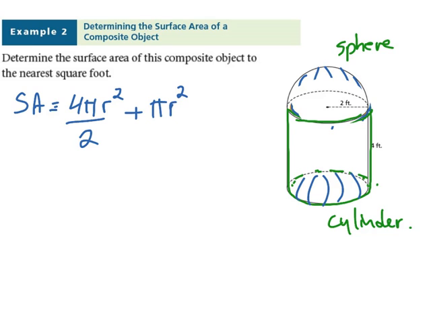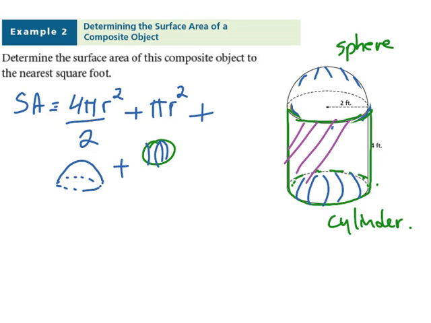That is the circle of this cylinder. And I'm just going to draw this nice little half hemisphere. What's left is the lateral face of the cylinder. The lateral face of a cylinder has a specific formula.